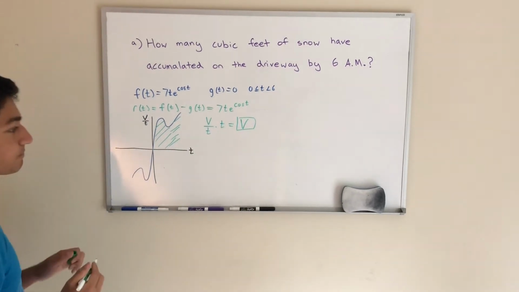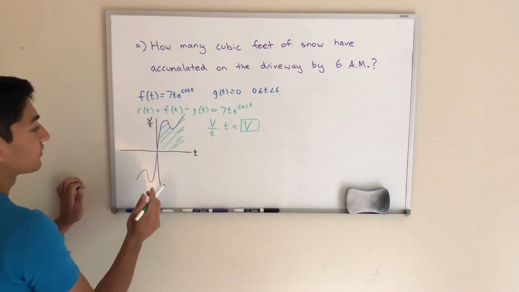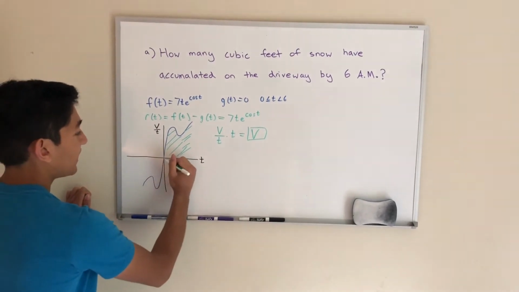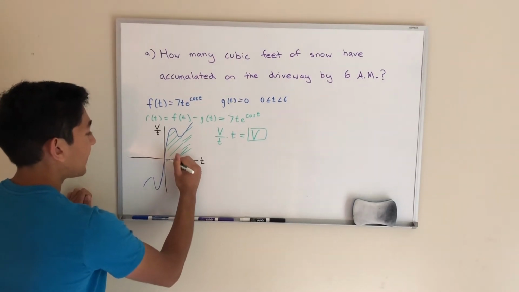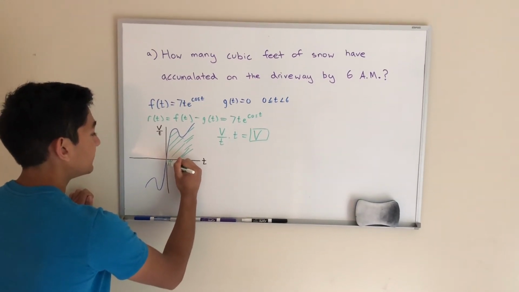In order to find the area under the curve, we take infinitesimally small time units, which is called dt.